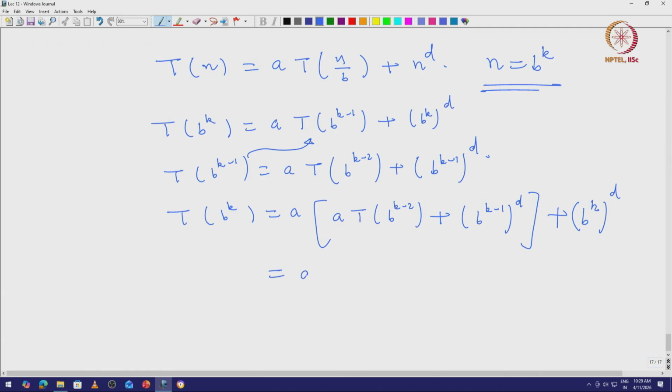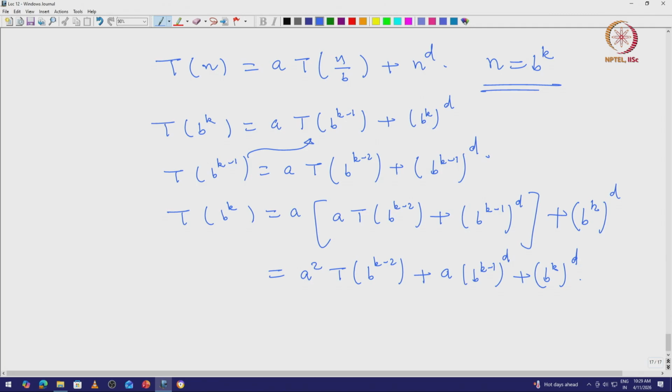This is nothing but A square T of b power k minus 2 plus A times b power k minus 1 power d plus b power k whole power d.